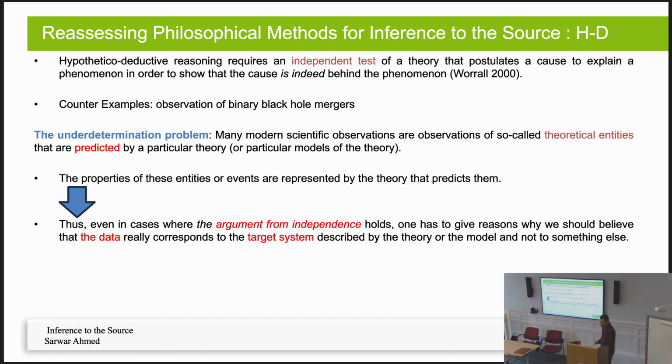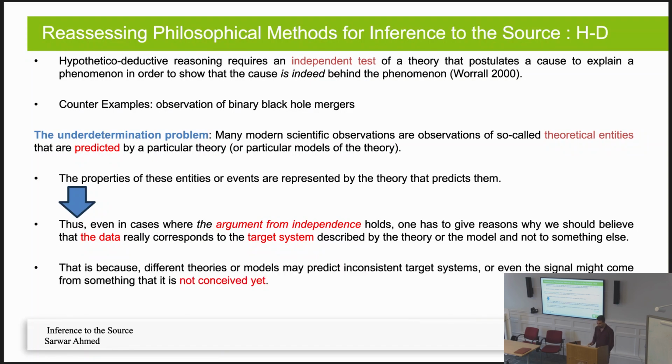So even in cases where this argument from independence holds, one has to give reasons why we should believe that the data really corresponds to the target system described by the theory or a model, not something else. More importantly, different theories or models may predict inconsistent target systems, or even the signal might come from something which is not conceived. Yeah?